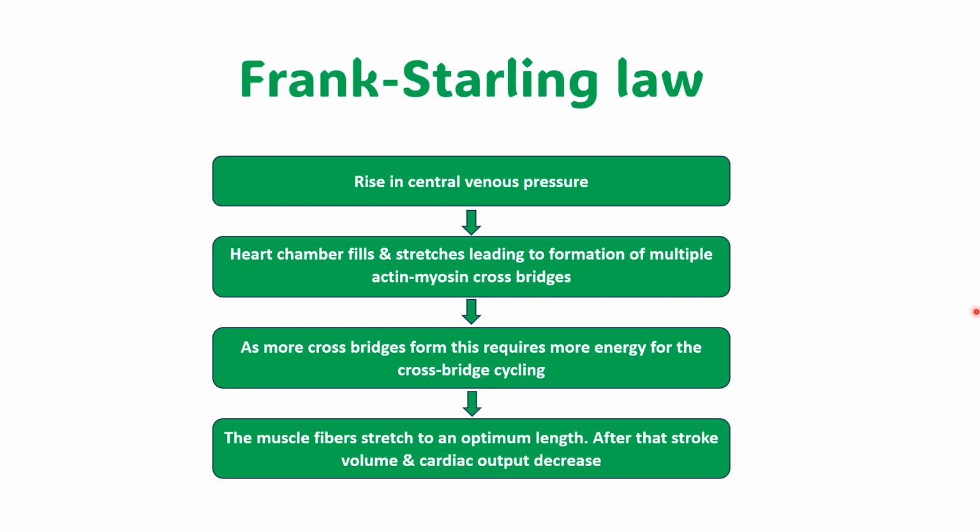But what I'm trying to say is, initially, when you increase the preload, so when you get more blood returning to the heart, the larger the volume you have, the more the myocardium within the ventricles is going to stretch, and the more forceful that contraction is going to be. But after a certain point, the muscle fibers become overstretched, and it's not optimal anymore, and therefore the stroke volume and the cardiac output are going to decrease. I hope that makes sense so far.